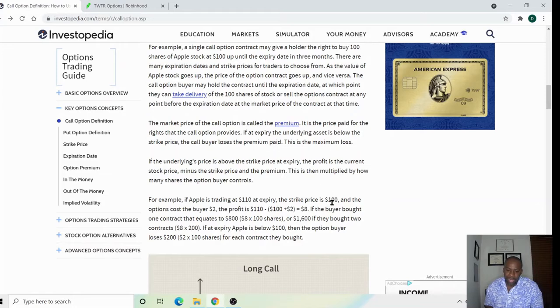Well, in order to buy 100 shares of Apple at that time, you would have needed $10,000. You were able to make this $800 profit on only $200. So see the difference? You may not have had the $10,000 at the time to buy 100 shares of Apple at $100.